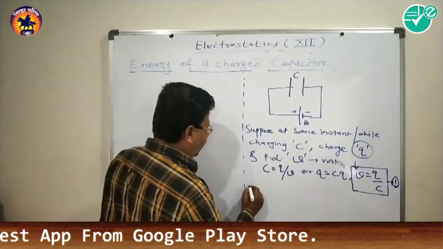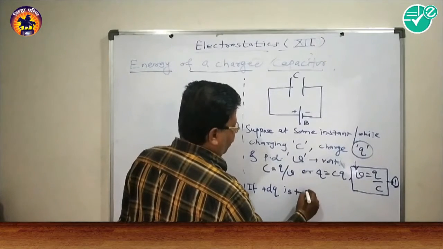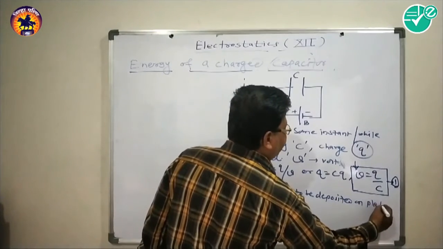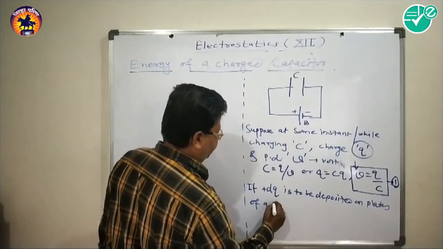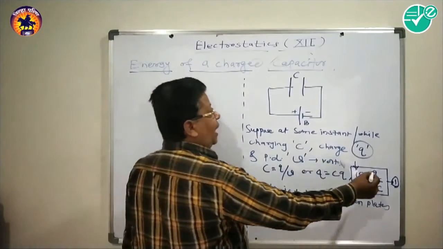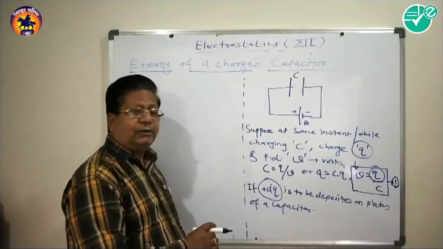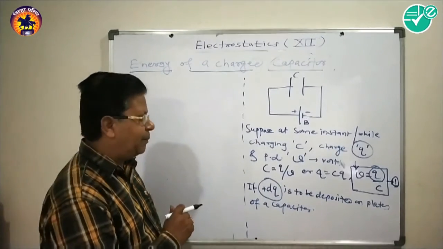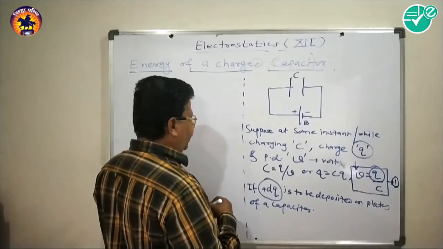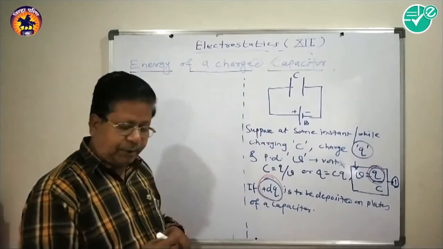Now, if a charge plus dq is to be deposited on the plates of the capacitor, then as the charge on the plates of the capacitor is already small q, and again we have to deposit a charge plus dq on the plates of the capacitor, there is a force of repulsion between the charge plus dq and the charge already deposited, which is plus q.